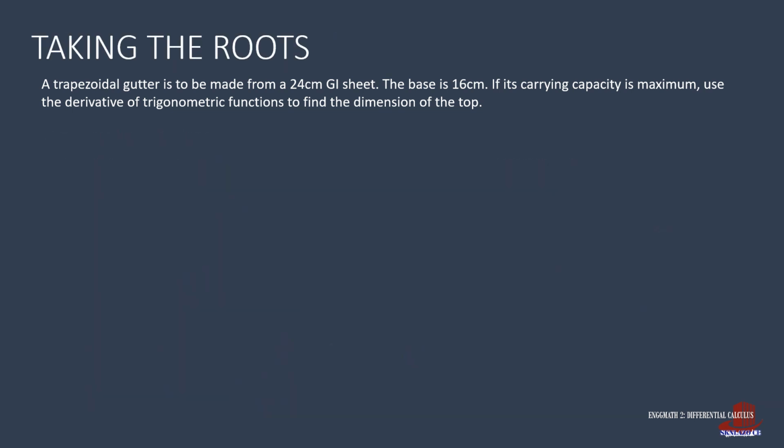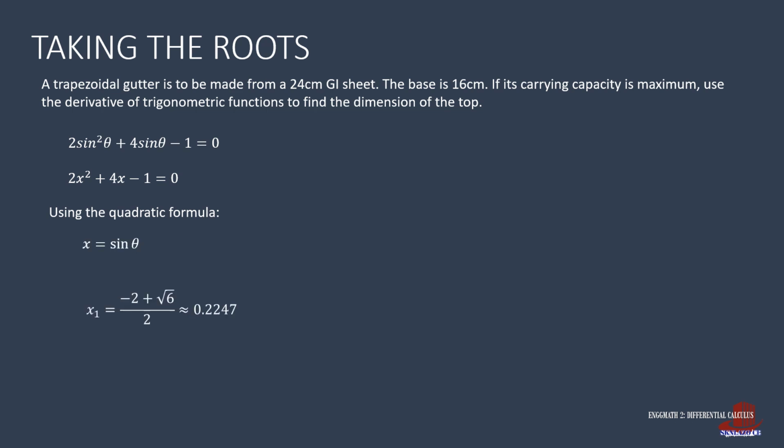The function then can be simplified into 2x squared plus 4x minus 1 as equal to 0. Using the quadratic formula, sine theta as x is then 0.2247 and negative 2.2247, where the second x value is not feasible.